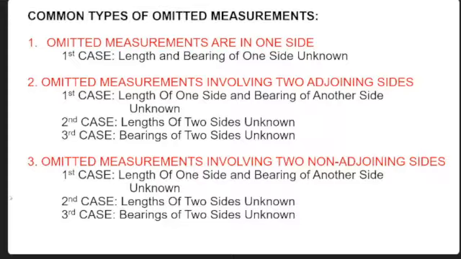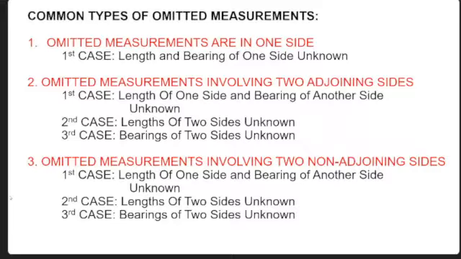Under the second type, we have omitted measurements involving 2 adjoining sides. When we say adjoining, magkasunod or magkatabing lines. First case, one side, length of one side and bearing of another side unknown. Second case, lengths of 2 sides unknown. And the third case, bearing of 2 sides unknown.